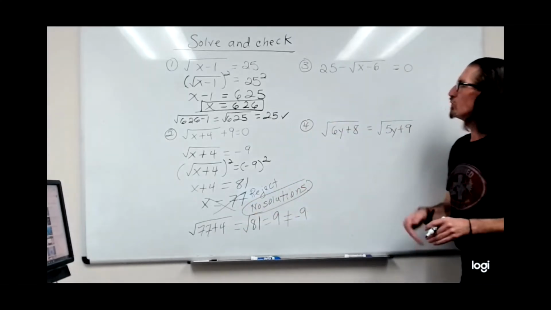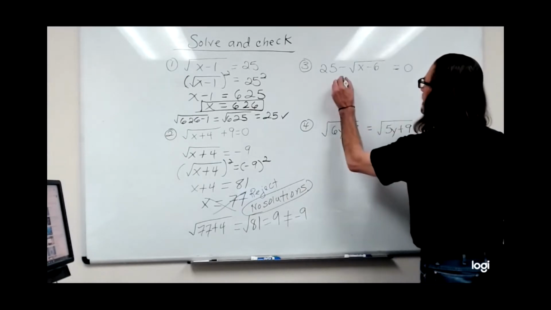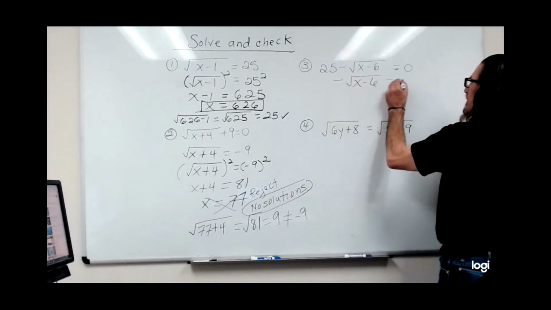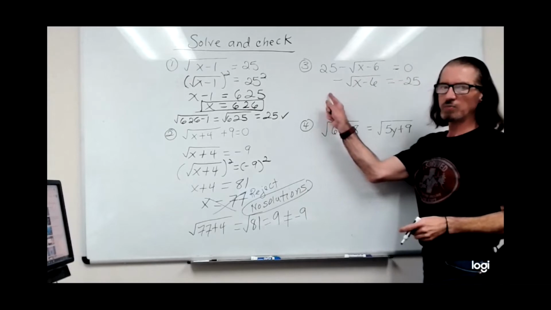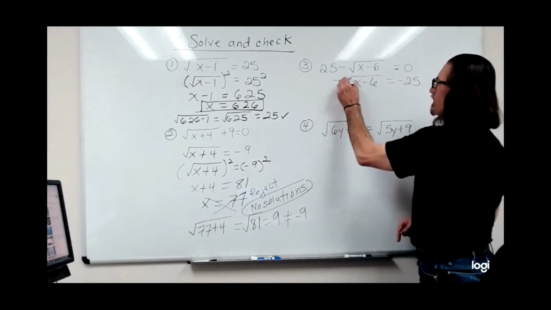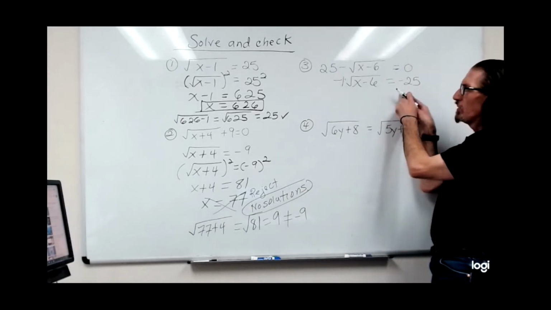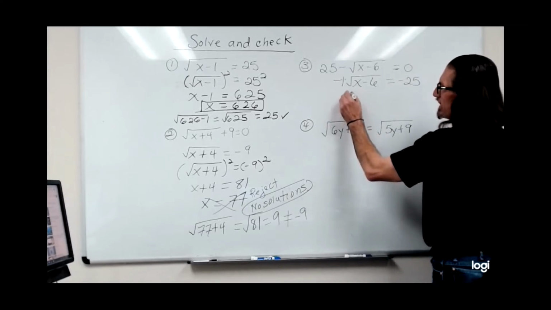On this third one, you could subtract 25 from both sides to isolate the radical. Actually, it is not isolated yet. It's still multiplied by -1. So that negative over there is not a problem unless we really have this isolated. Divide both sides by -1.